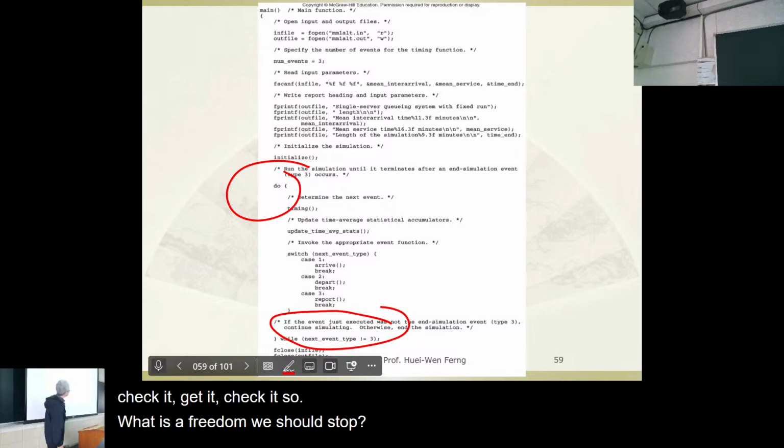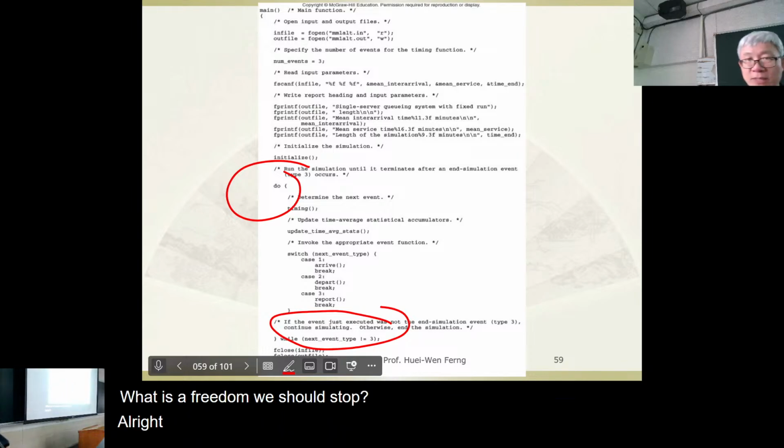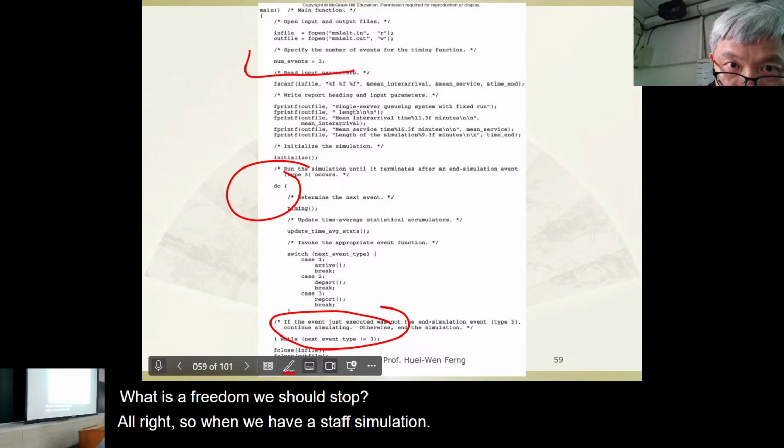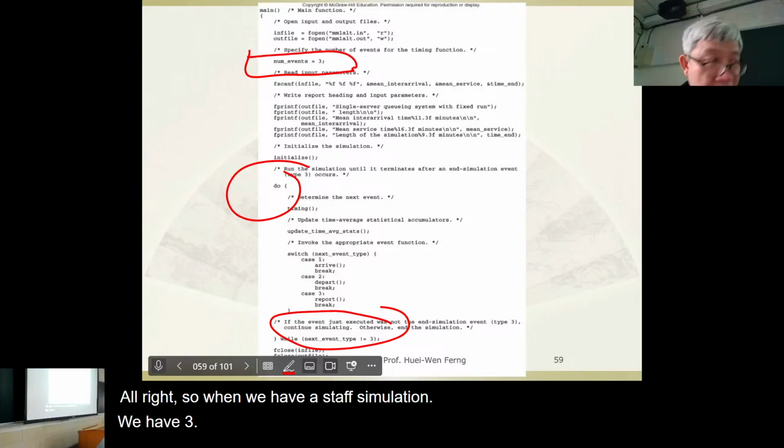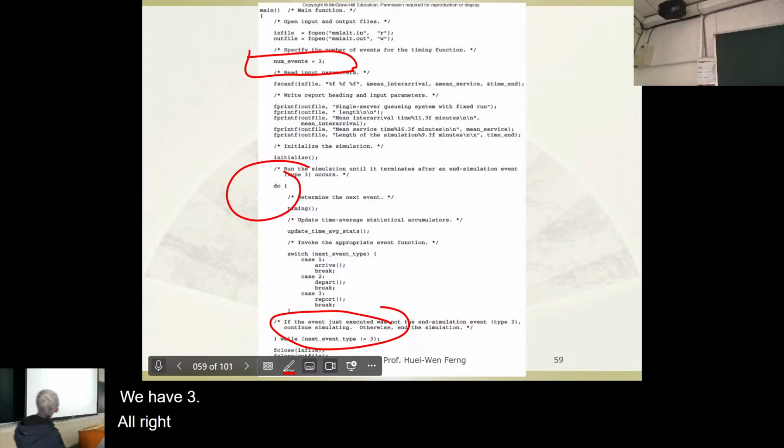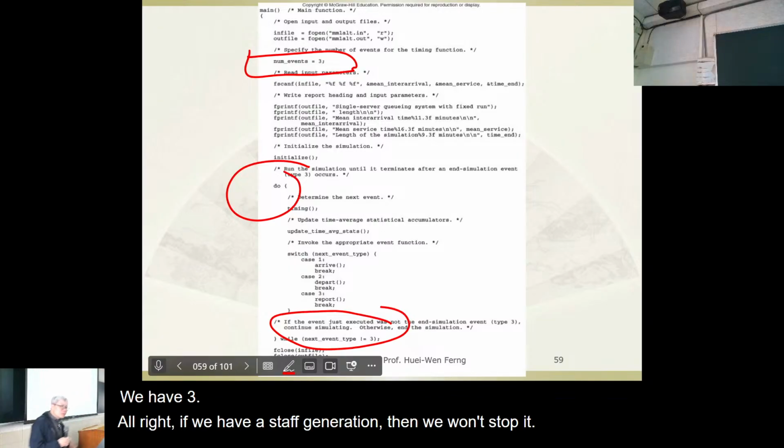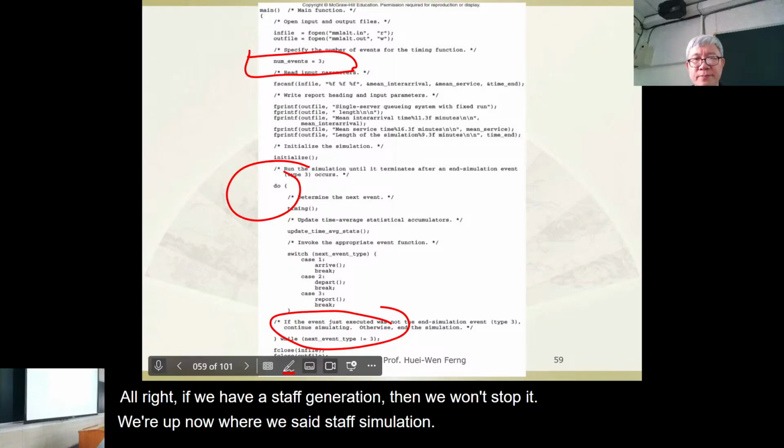Alright, so when we have a stop simulation, we have 3. If we have a stop simulation, then we will stop it. Up to now, where do we set the stop simulation?